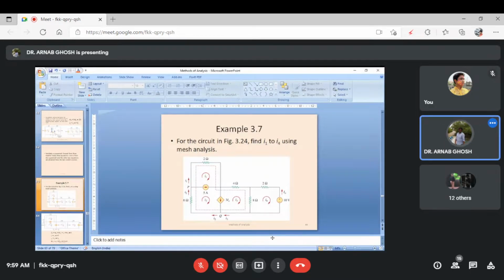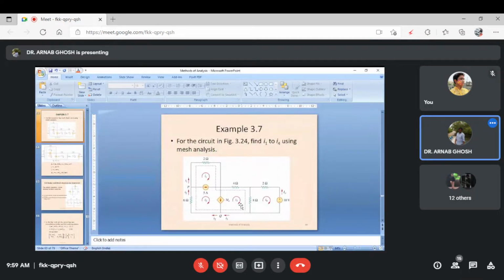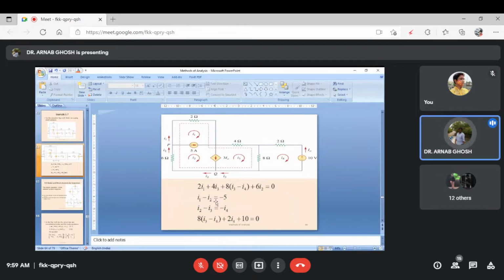Your equations become I1 minus I2 as minus 5 for these two, and I2 minus I3 as minus 3 I4. Why am I writing this as minus 3 I4? Can you tell me?